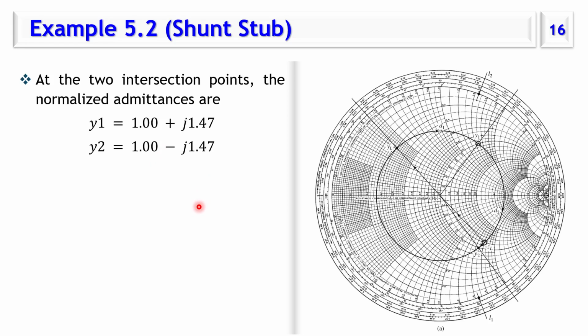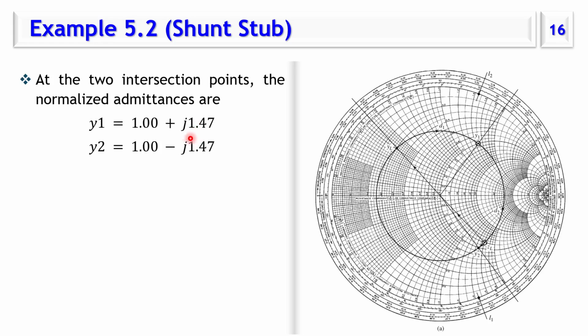Okay, so for a short circuit now on the same graph, we can put the short circuit at this point. So now short circuit impedance is 0, which is the outer circle on the Smith chart. So we want this to give us 0.147 admittance.